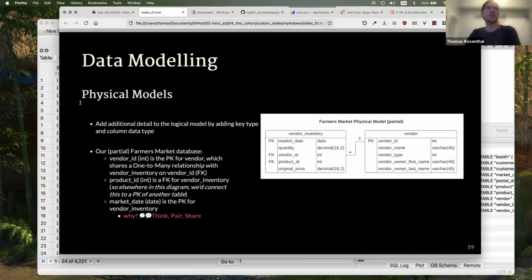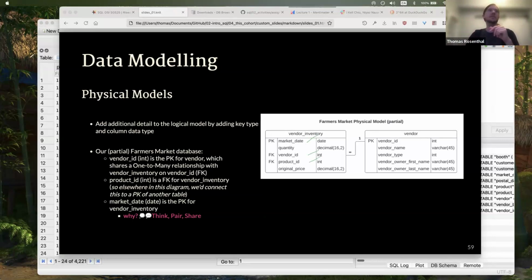So for vendor inventory, the primary key for the relationship here is the market date. But the table's composite key is the market date plus the vendor ID plus the product ID, because that's what's truly unique for this table, because that articulates you have no duplication across a vendor and their product on a given day. So the composite key ensures that uniqueness, right?